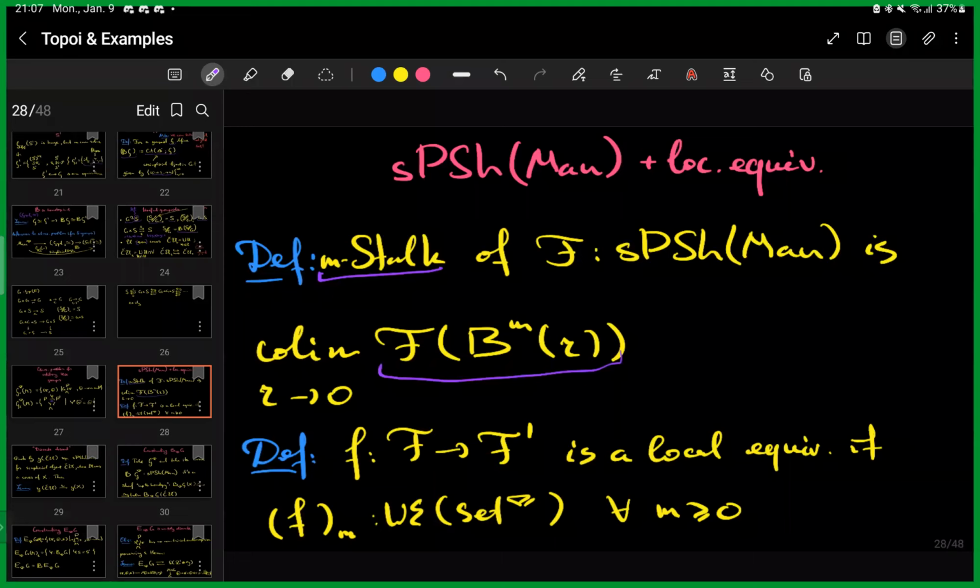So first, I need to make several comments. In general, if we are working in an arbitrary model category, not in the category of simplicial sets, of course, here we should take the homotopy colimit, but simplicial sets have a very nice property. If we have a filtered colimit of simplicial sets, it's actually the homotopy colimit.